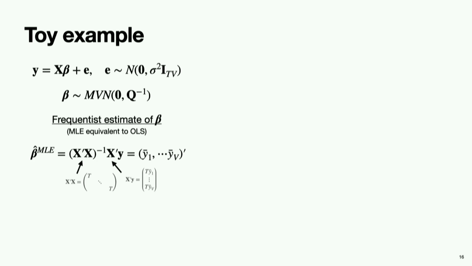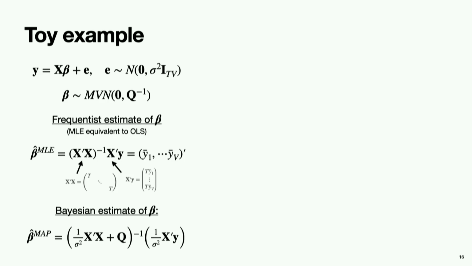So our frequentist estimate of beta is actually just going to be the average BOLD signal at every location, and that's only because here our design is just a column of ones. So our best estimate of the overall activation is just the average signal at every location. This is kind of a silly example, you wouldn't do this in practice, but it shows how the math works out.